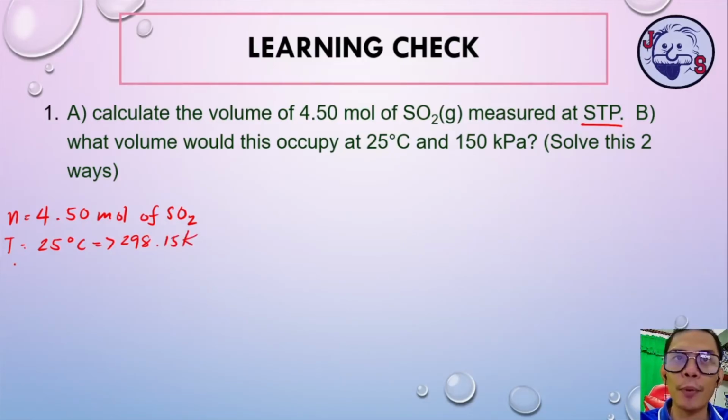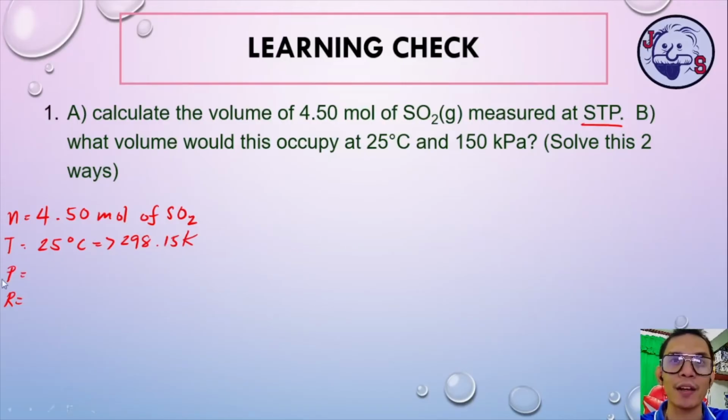And we have the pressure. In terms of pressure, you can use the kilopascal, but you should be careful with your R. If you use kilopascal, then your R should be in kilopascal as well. But in this case, I am going to use atmosphere because it is much simpler.